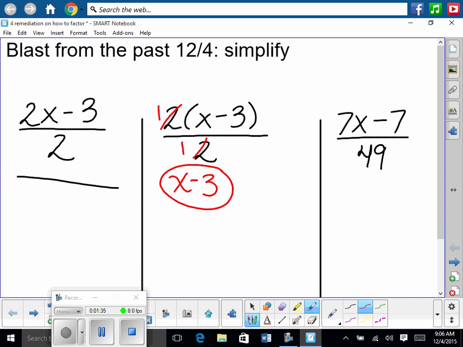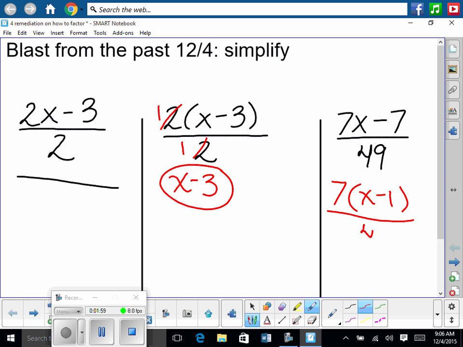So let's look at this one: 7x minus 7 over 49. Could I just simply divide out? Well, first of all, at this point, are 7x and negative 7 connected? Yes, by a subtraction sign. So we can't just divide out one of them. But if we factor the top, we could pull out a 7. Then what's left would be x minus 1.